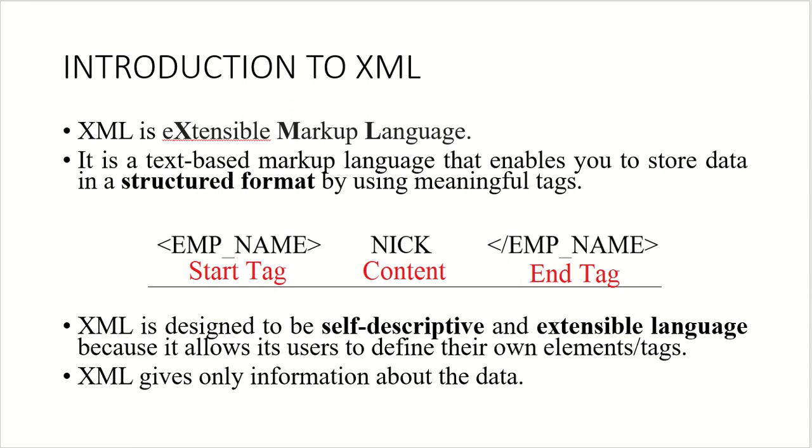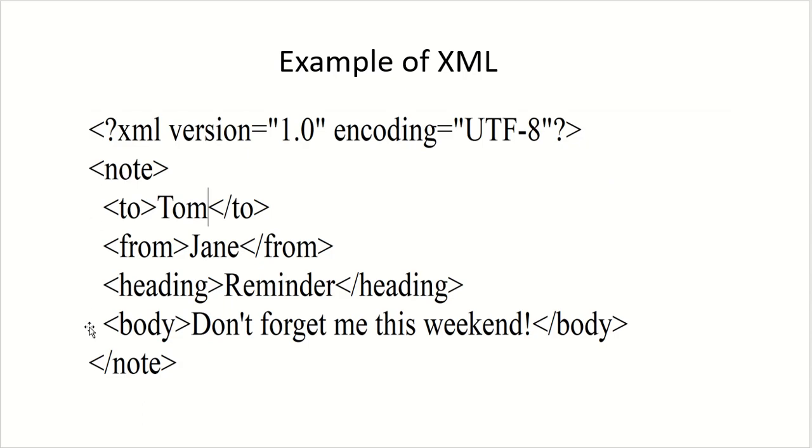As I have given you the example of the XML, in this you can see the structure. In structured format, you can understand that this is the main topic, this is the note, and under note these are the tags. So note is also a tag, but to, from, heading, body are under note.